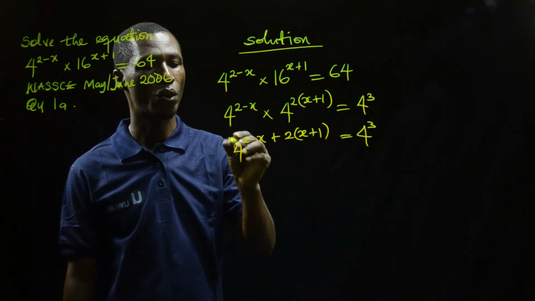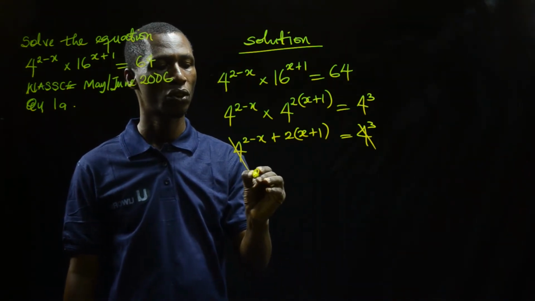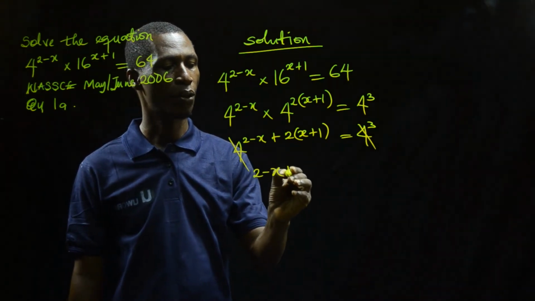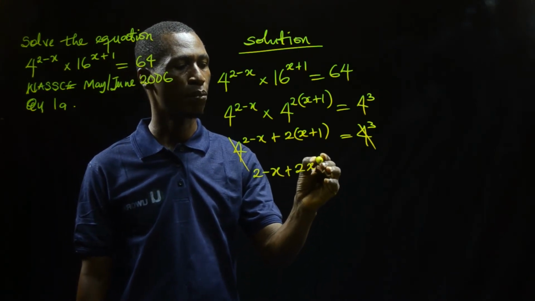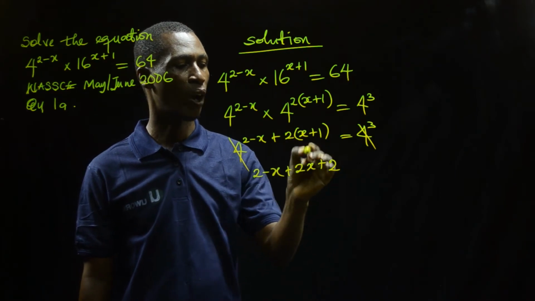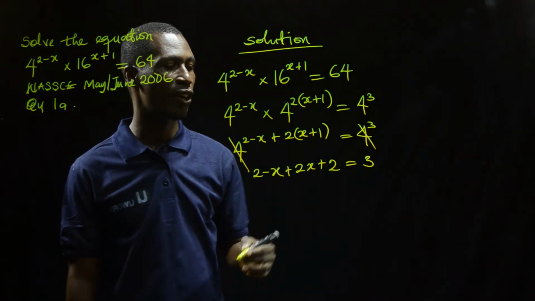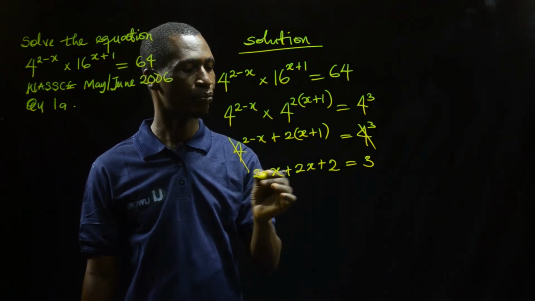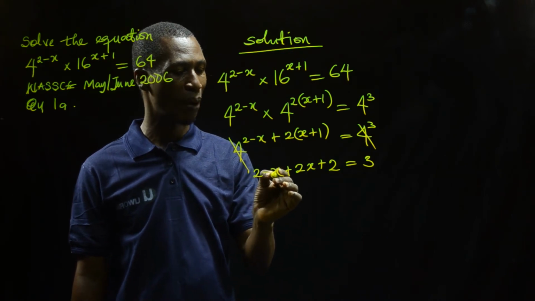We can just equate the exponents. Then we have 2 minus x plus, you can open the bracket now, 2x plus 2, because 2 times x gave me 2x, and 2 times 1 gave me 2, equals 3. Now look at the numbers and group like terms. I've got 2 here, I've got 2 here, and I've got minus x.